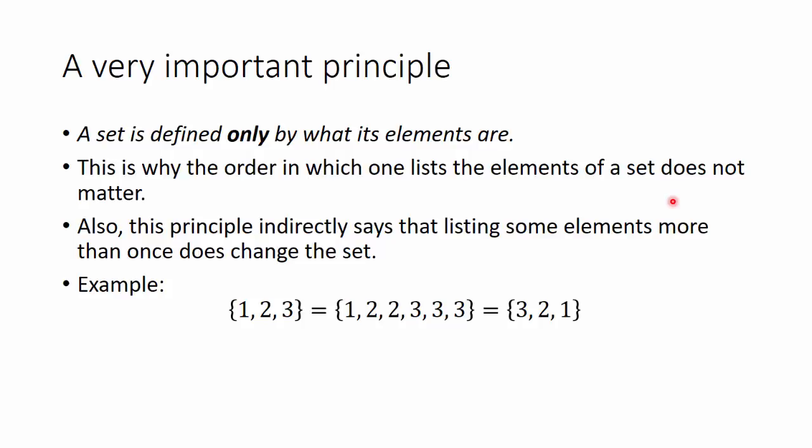So this means that, as in this example, the set with the elements 1, 2, and 3 is the same as the set with the elements 1, 2, 2, 3, 3, and 3, which is again the same as the set with elements 3, 2, and 1. These threes are all identical. They are the same. They are not in there more than once. They're in there exactly once, but we can write the 3 multiple times.